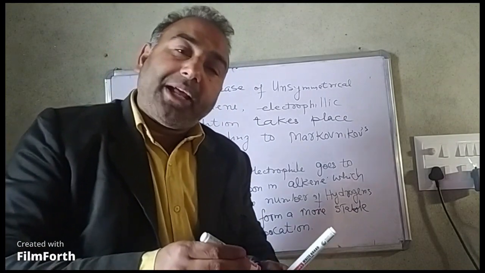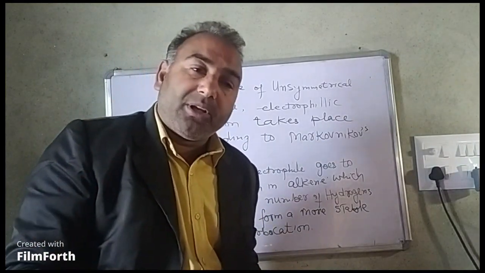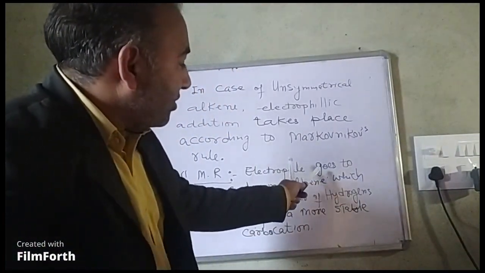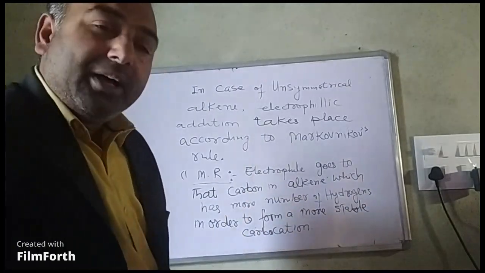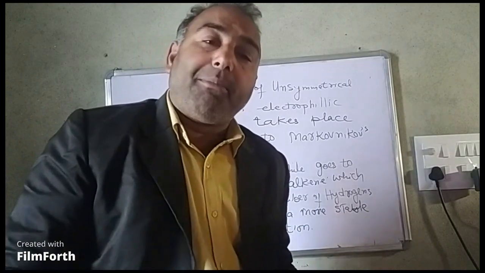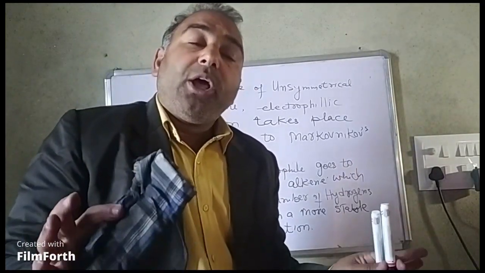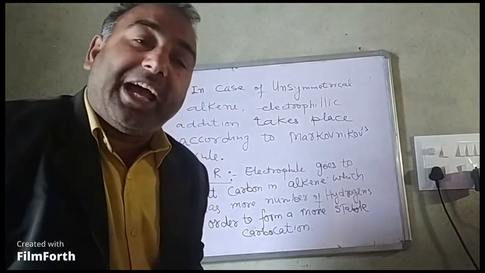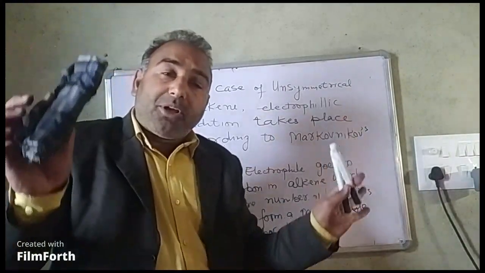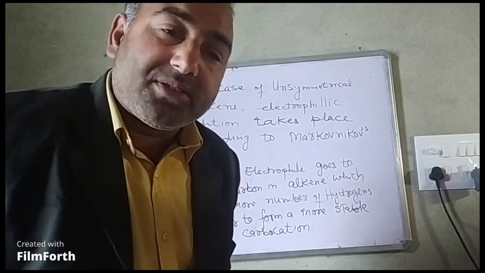If the carbocation is more stable, the product formed is also more stable. So in Markovnikov's rule, the electrophile attaches itself to that carbon of the alkene which already has the maximum number of hydrogen atoms, in order to form that carbocation which is more stable. Because when the carbocation is stable, the product formed is also more stable.